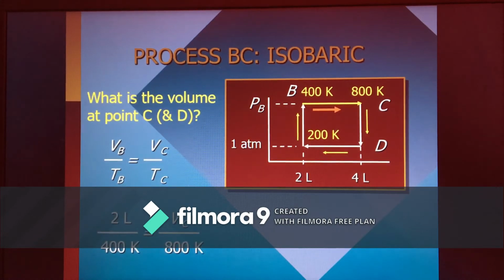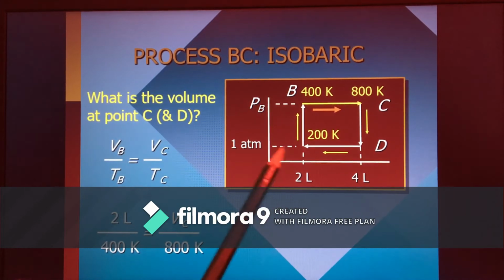Using this relationship and the given items, we have from this diagram that at point B the volume is equal to 2 liters.